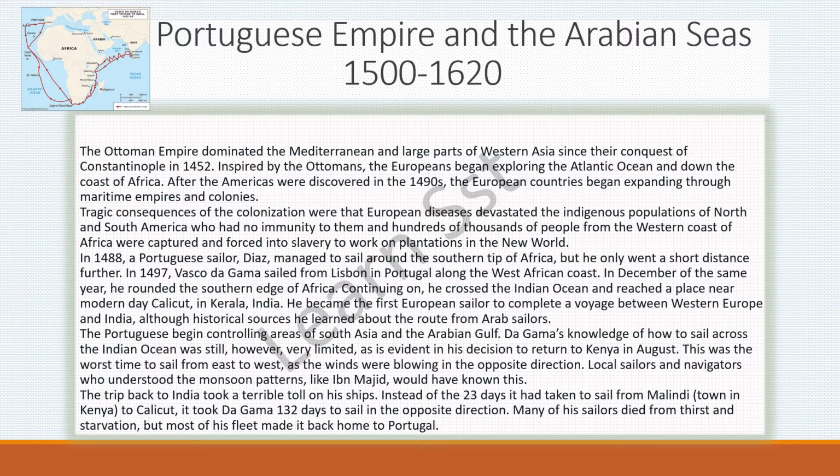Now, over here they have given you the reason why he retreated: this was the worst time to travel from east to west, as the winds were blowing in the opposite direction. Whenever you move with the winds, your sails are with the winds, then you travel faster and save fuel.